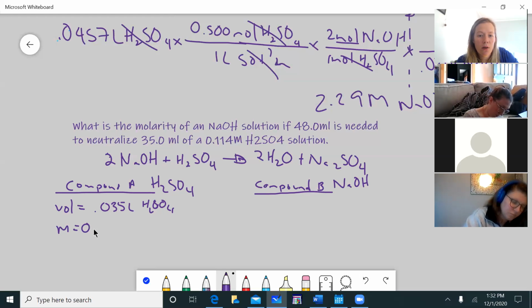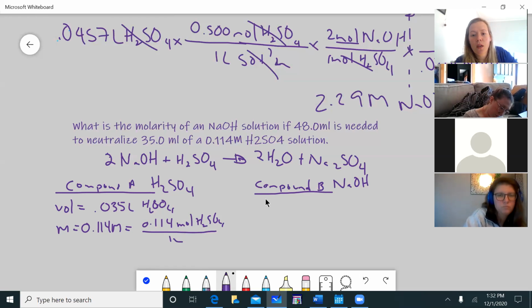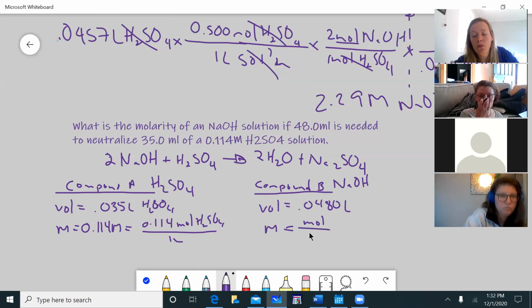So its molarity is equal to 0.114 big M, or 0.114 moles of H2SO4 for every 1 liter of solution. Compound B, I know the volume. In this case, the volume is 0.0480 liters. And we're trying to find the molarity. And remember, molarity is moles over liter.